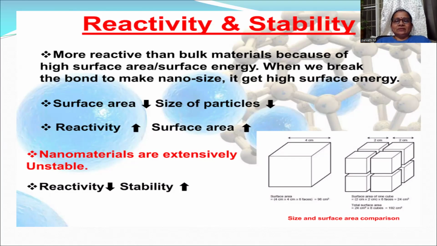Generally, the tiny particles are available on the surface of the material. So reactivity reduces and the stability increases. In contrast, reactivity increases, the stability decreases. So these are the important features or points we can observe under nanomaterials.